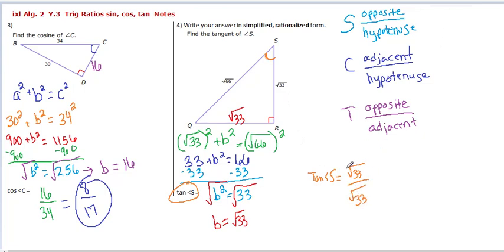Okay, what do you suppose that simplifies to? You're right, 1. Because anytime you have something on the top, something on the bottom that is the same, it equals 1. I don't care if you have an elephant in the numerator and an elephant in the denominator, it equals 1. So that's all that you have to do for this section for trig ratios of the sine, cosine, and tangent.